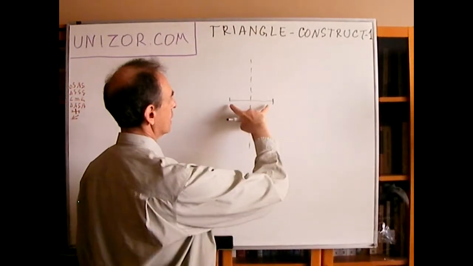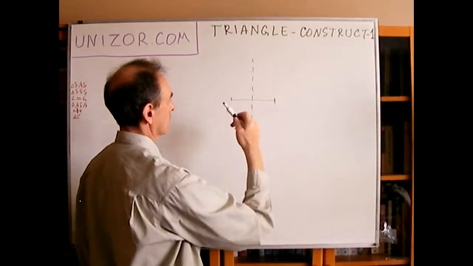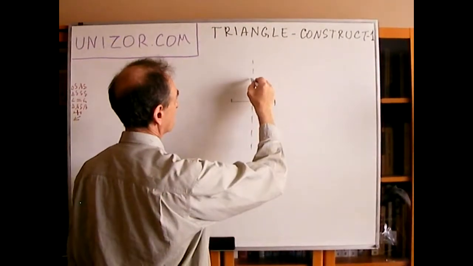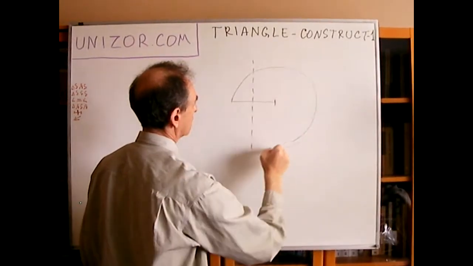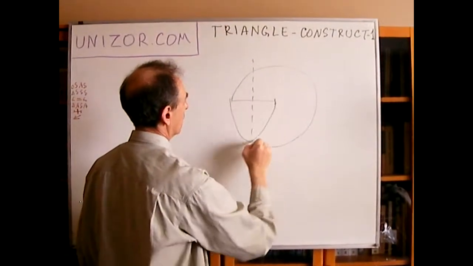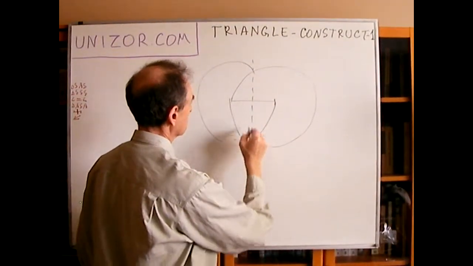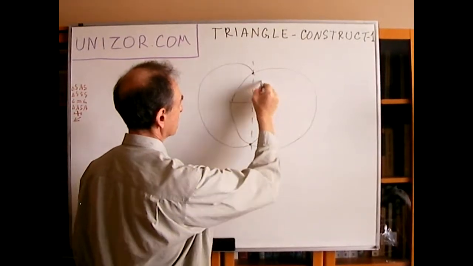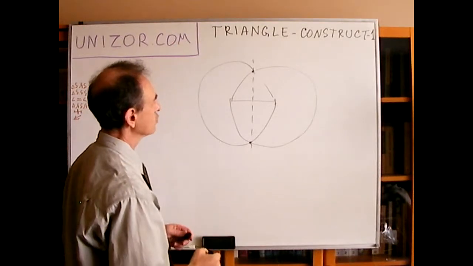Let's say we can take the radius which is equal to this segment. Doesn't really matter. What does matter is that it should be big enough. And using this radius, I'll draw a circle, one and another, and they cross in 2 points, because I took the whole segment actually as a radius, so they obviously cross in 2 points.